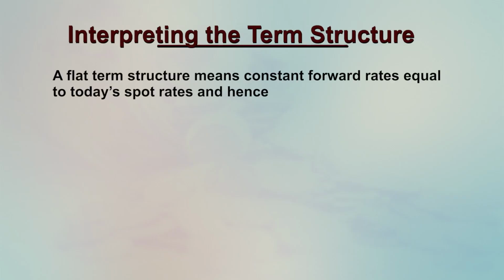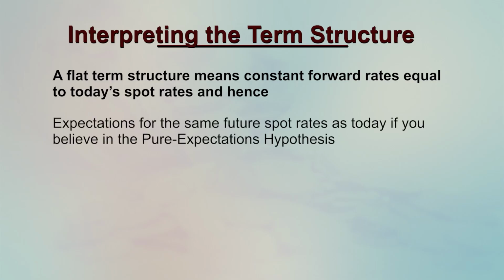So when we want to interpret the term structure, we basically refer in real life to a flat term structure, which means forward rates are considered to be targeted and they must be equal to today's spot rates, because spot rates are always dynamic, keep on changing. Forward rate can be targeted and these two can be equivalent. So we can say expectation for the same future spot rate as today if you believe in the pure expectation hypothesis.